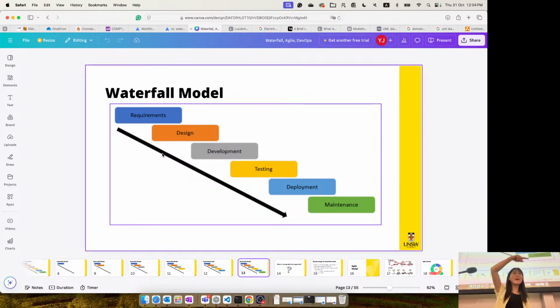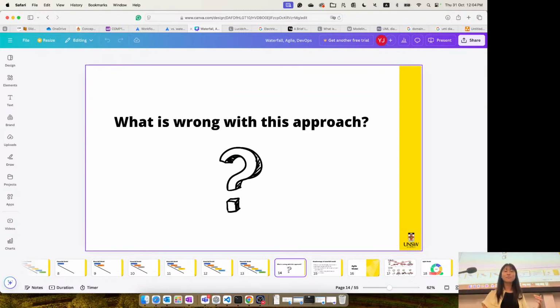Then you need to go back to the requirement phase and go down again through development, testing, deployment, and maintenance. So this has a huge problem: it takes a long time when something was wrong during the process. This is the major problem with the waterfall approach. It's really hard to go back up the ladder, and it's very time consuming to solve a problem.